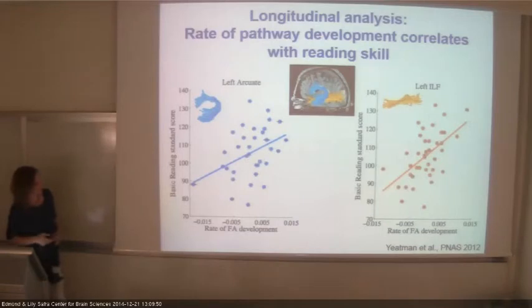And when you're looking at the changes, not the FA at a given point in time, but the change in FA over time in correlation with measurements of how their reading changed, you can find a positive correlation, which is what you would expect, not only in the arcuate fasciculus, but also in another pathway, the ILF, that connects occipital areas with more anterior temporal areas.